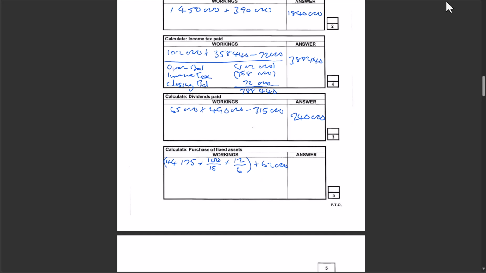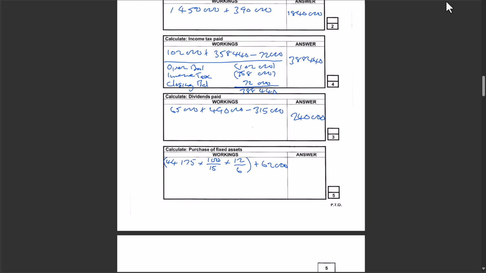So punching it, hopefully to come out correct. That's 44,175 times 100 divided by 15, right? Times 12 divided by 6.